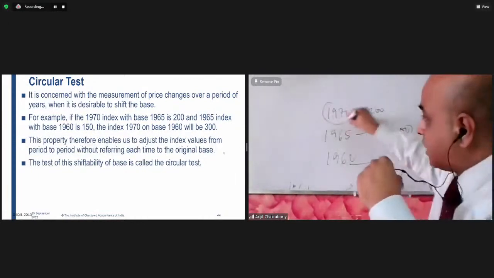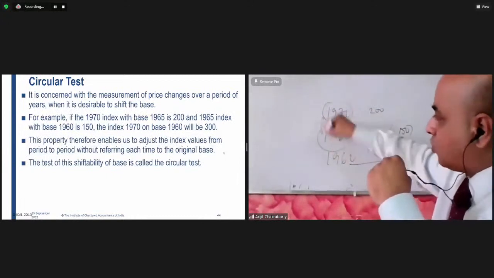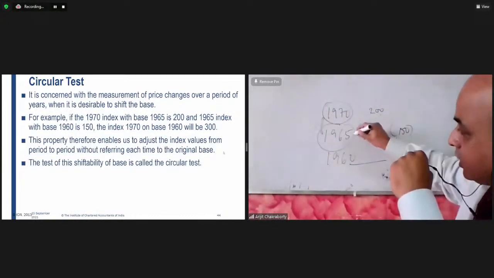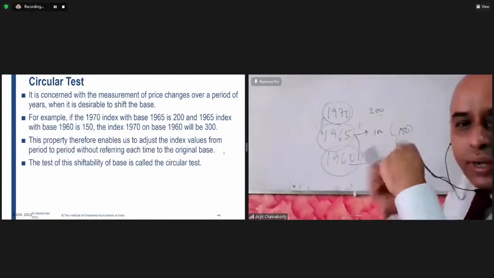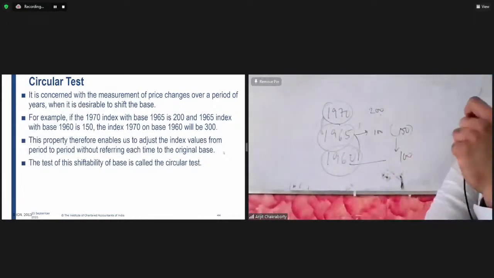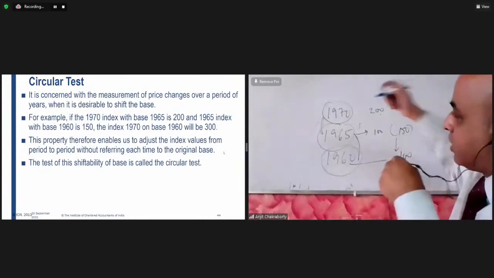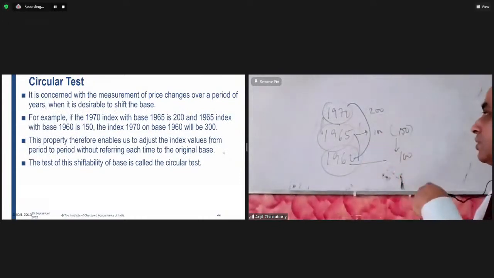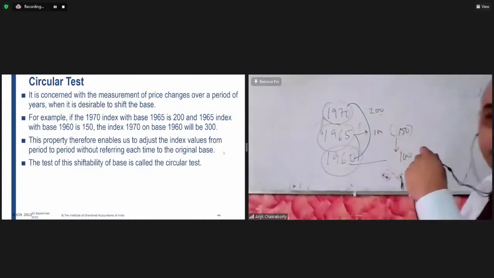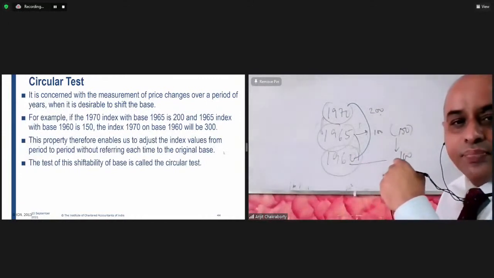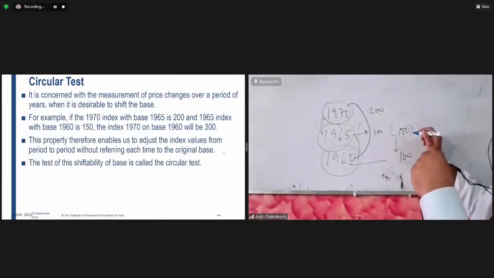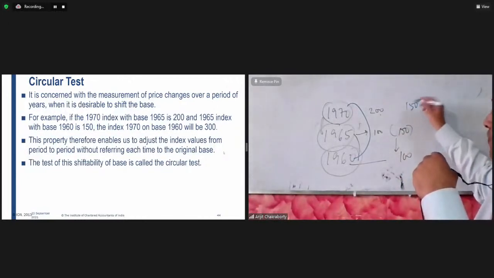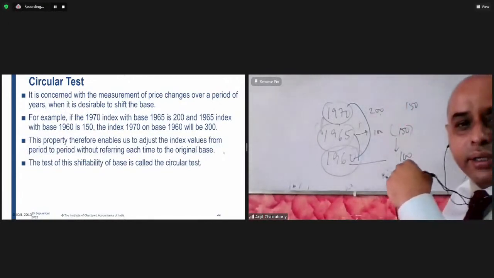So 1970 to 1965, we know the link is 200. 1965 to 1960, we also know. Now we have to find out the circular test. That means what is the relationship between 1970 and 1960. So this is nothing but it will be 200 into 150. So you can just see here the base is 150, and here the base is 200.